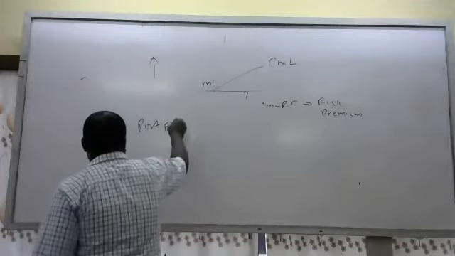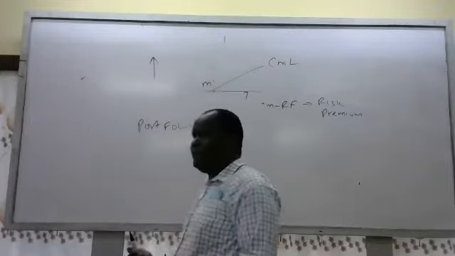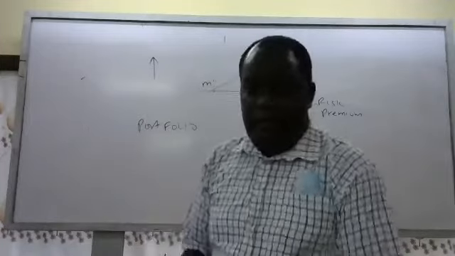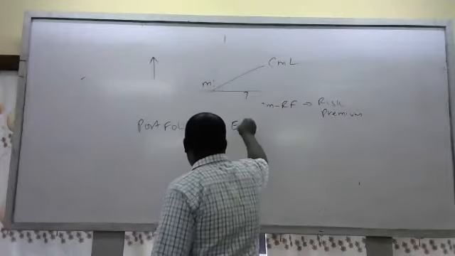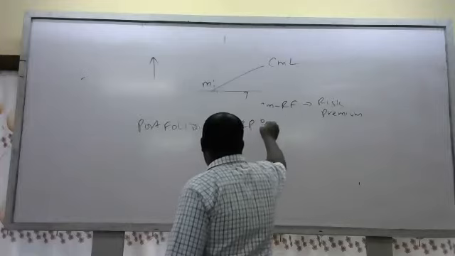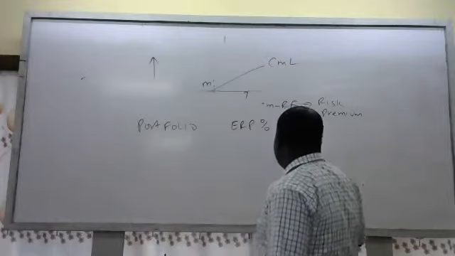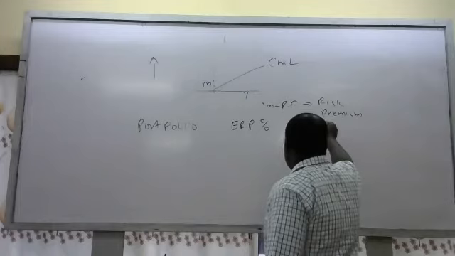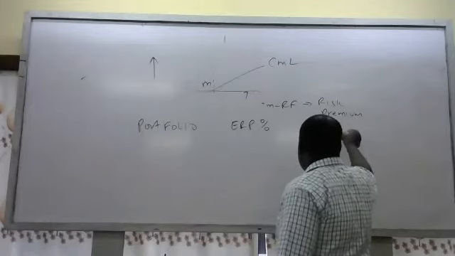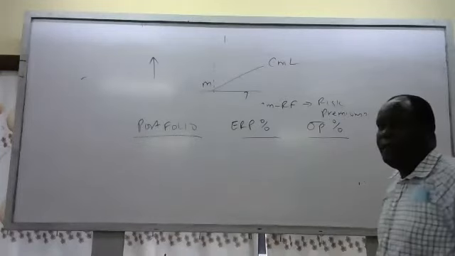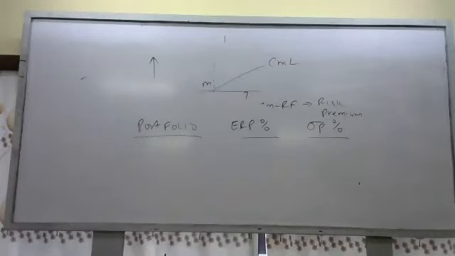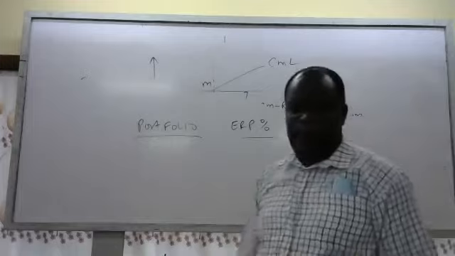We can have the column for the portfolio, then the expected return of the portfolio in the form of a percentage, and also the standard deviation of the portfolio in the form of a percentage.